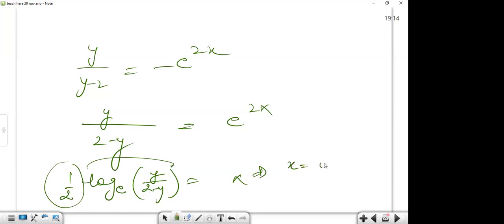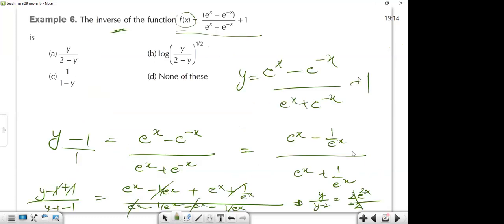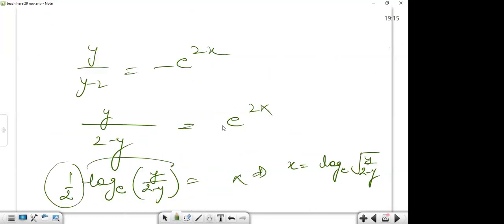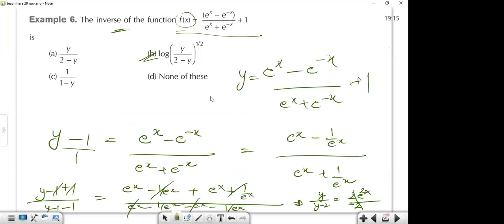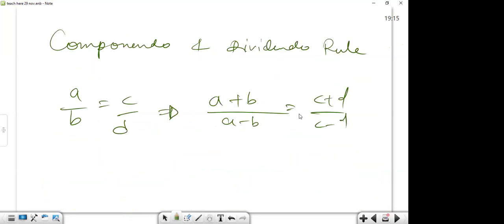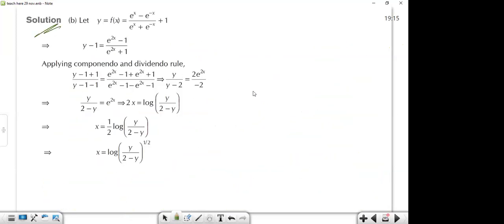So x is logarithm of the square root of y upon 2 minus y. So this is what we have. So this should be your answer. Anything raised to power half means square root only. This should be the answer. Where is the explanation? It is the answer.